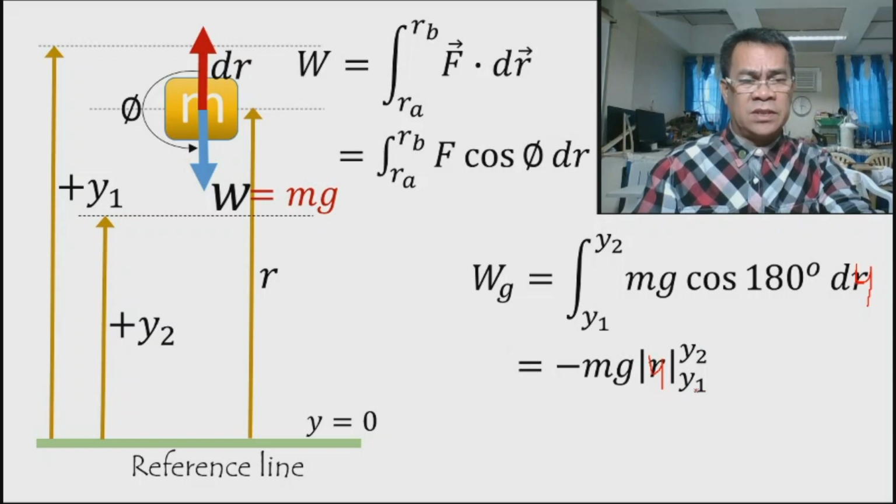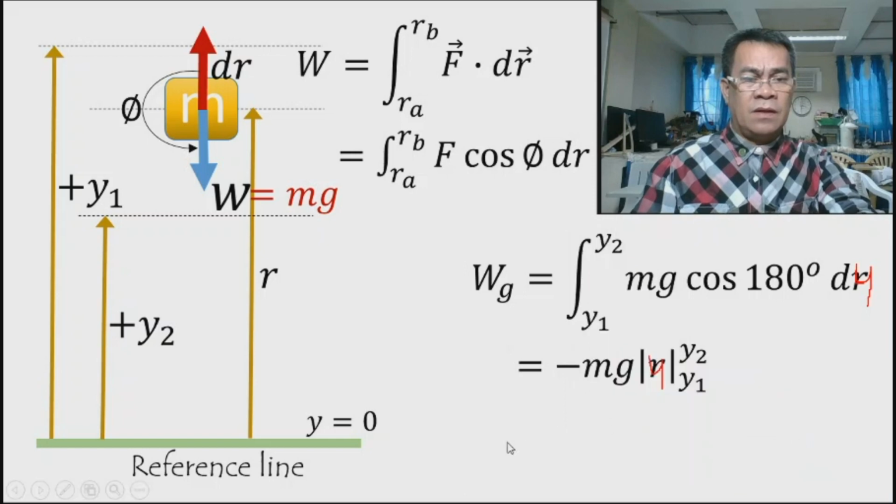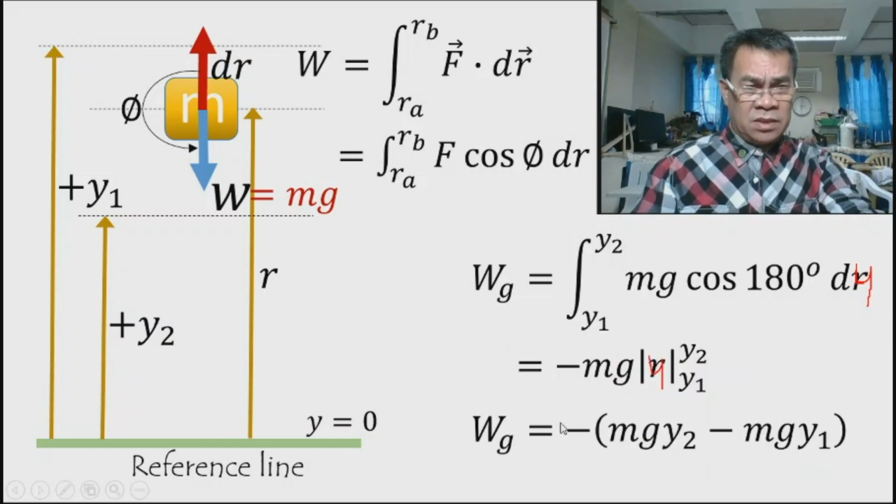So therefore, this is the initial and this is the final, upper limit and the lower limit. Okay, so therefore, applying the limit, boundary limit, it will produce a negative. So upper, it should be y2 substituted here. So mg y2 and minus mg y1.